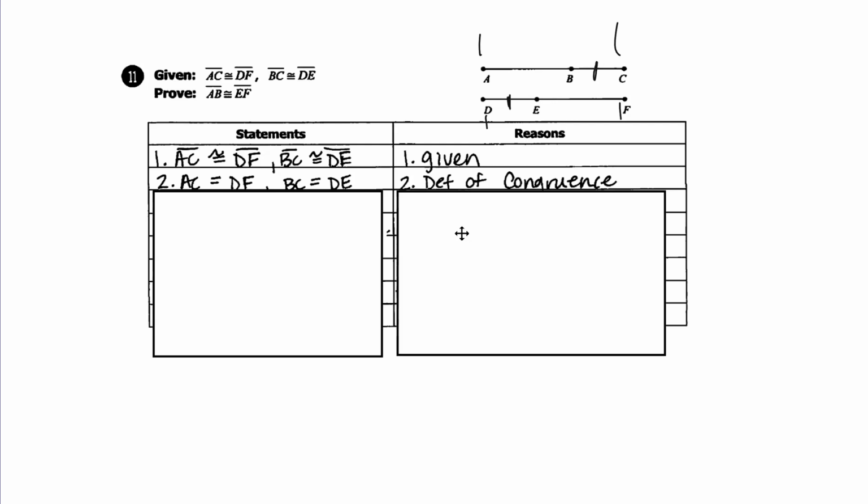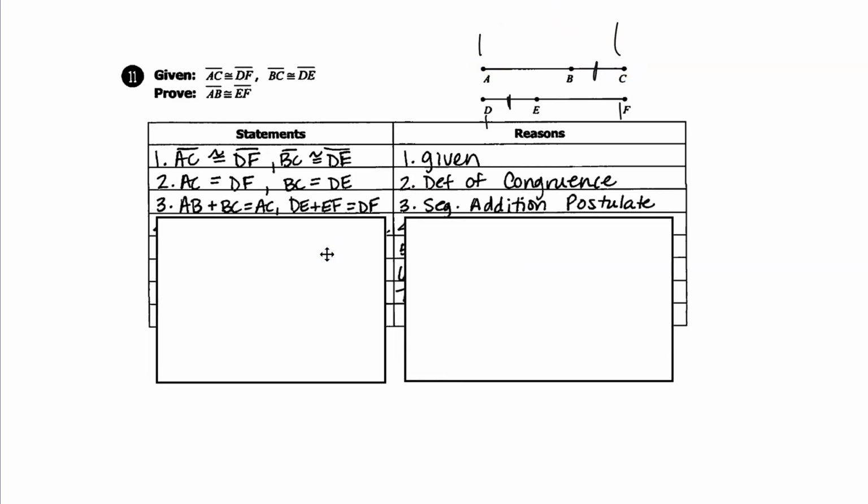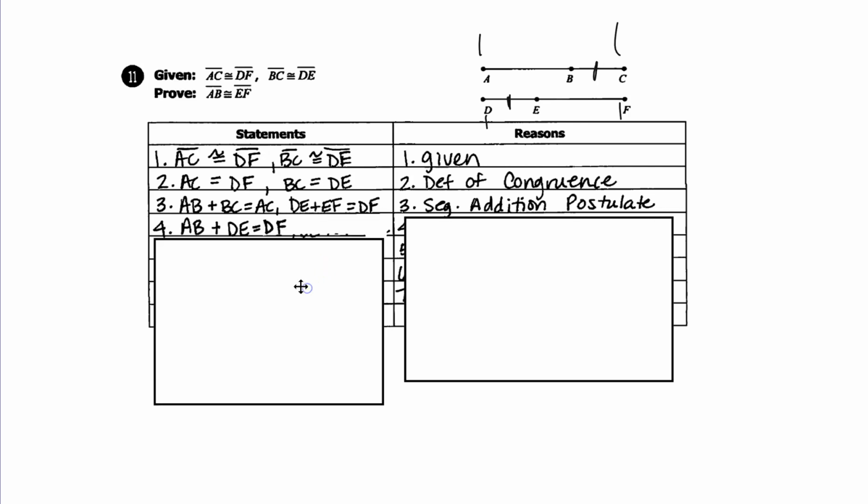Right, then I would say that AB plus BC equals AC, right? Because that's that segment addition postulate. Same thing here, DE plus EF equals DF. Then you have AB plus DE equals DF.